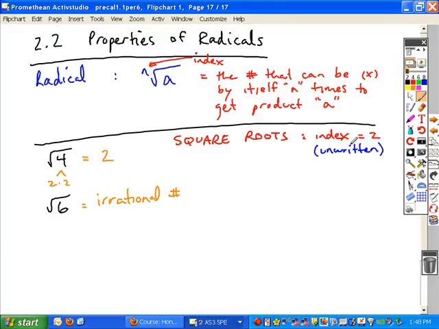Anytime you take a square root of a perfect square or a perfect power, it can be simplified to a whole number. 4 is a perfect power. 4 is 2 squared, therefore the square root of 2 squared is 2. 6 is not a perfect power. What's the next perfect power past 4? 9, right? 9 is 3 squared, so the square root of 9 reduces down to 3.